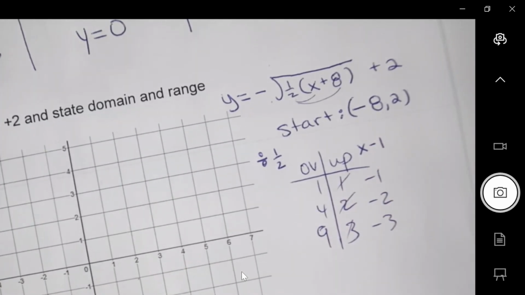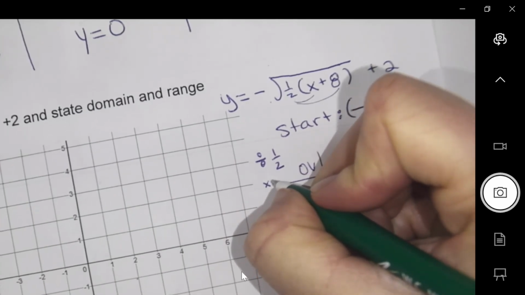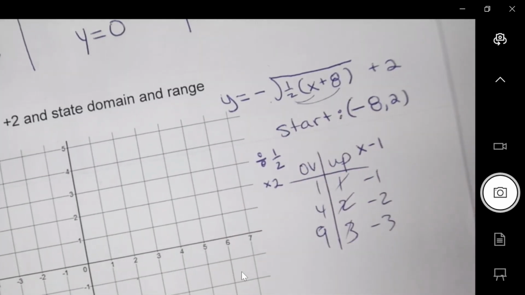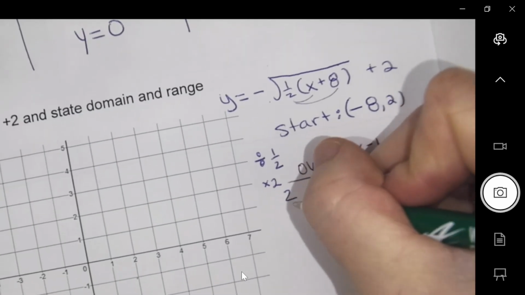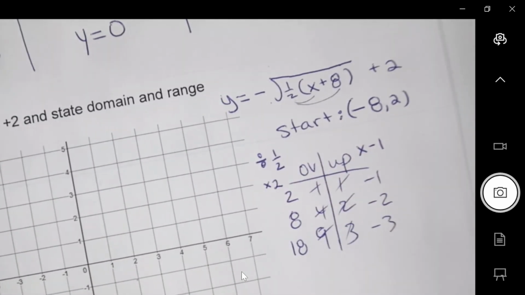What's the same math stuff as dividing by a 1/2? Dividing by a 1/2 could also be the same as doing what? Timesing by 2. Right? 1 divided by a 1/2 ends up resulting in a 2.